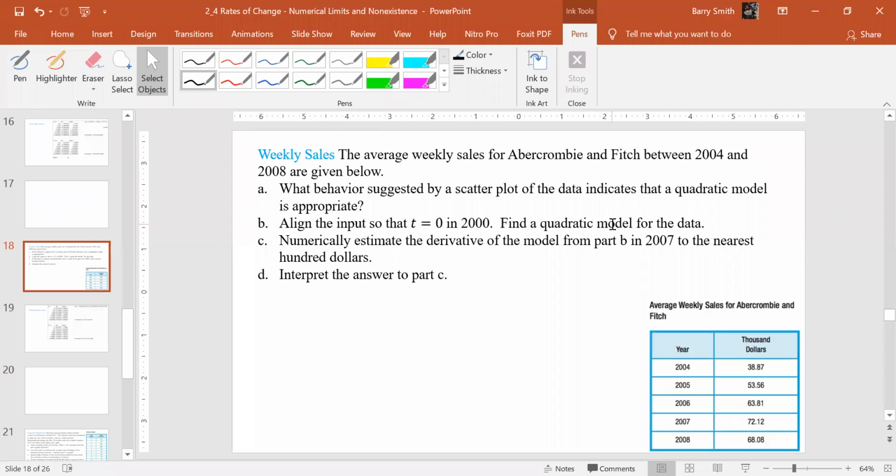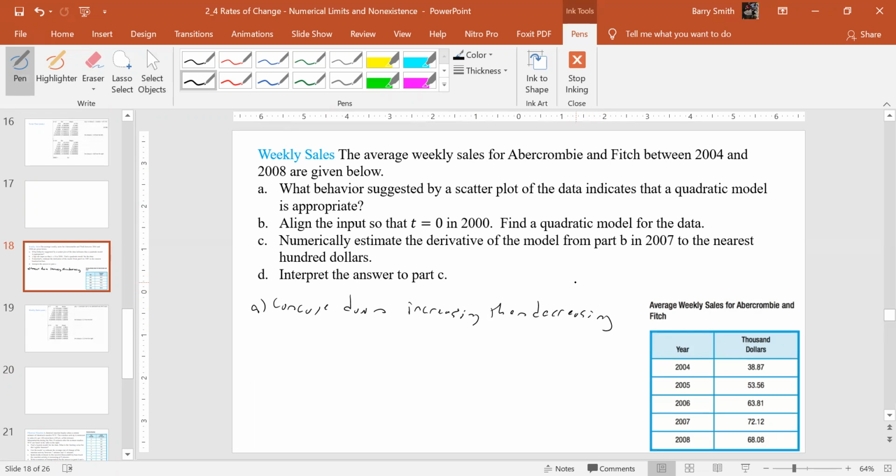Actually, for A we saw it is concave down, so we better write this one down for A. Concave down. Basically it has a change of direction, increasing and then decreasing.